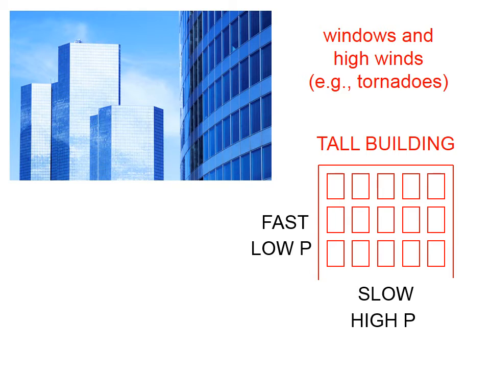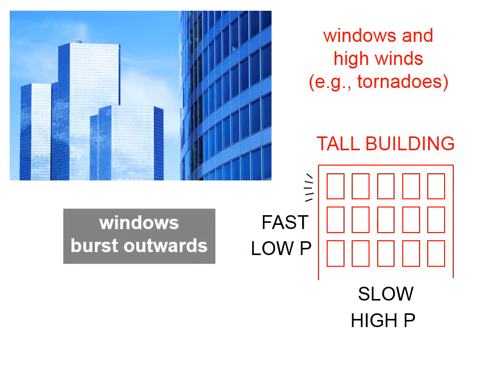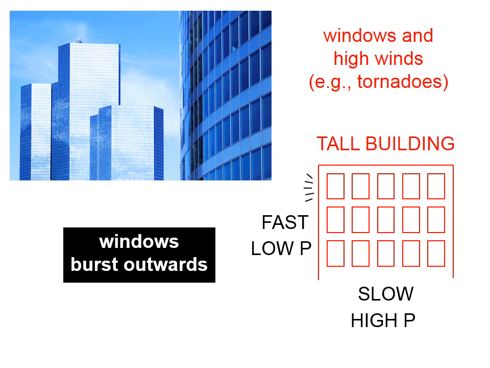So a fast-moving fluid exerts low pressure, a slower-moving fluid exerts a higher pressure, and windows tend to burst outwards. You might have had this experience if you're driving down the interstate with the window down. Little wrappers and small pieces of paper always tend to blow out the window, never in.